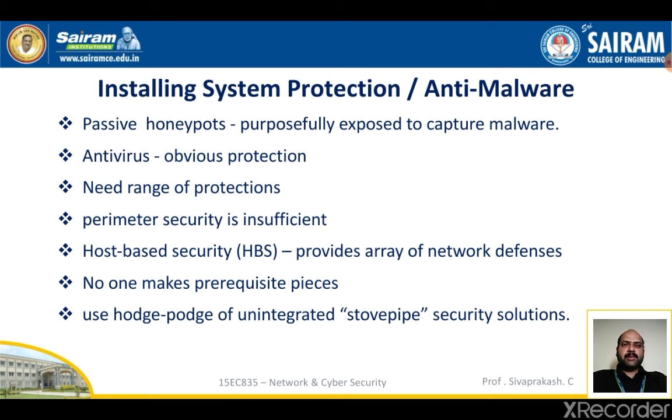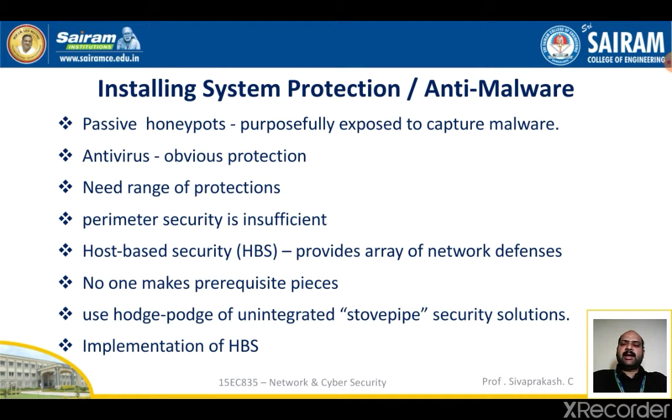In most environments, you have to use a patchwork of unintegrated security solutions. Sometimes HBS can be implemented with a combination of local protection and enterprise services that manage local configurations and services.